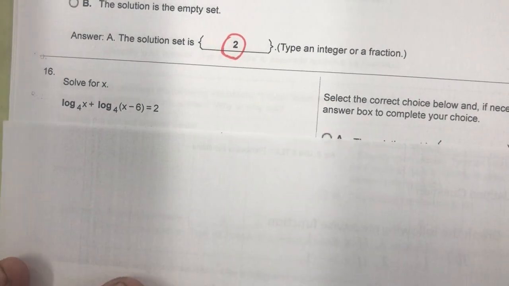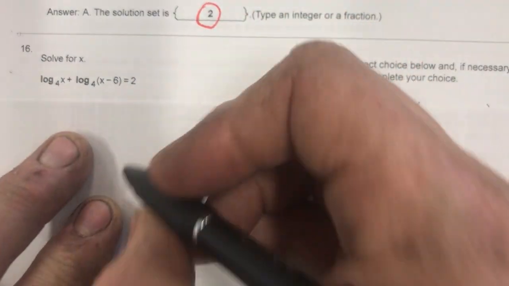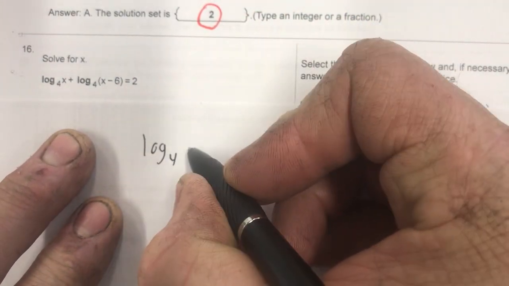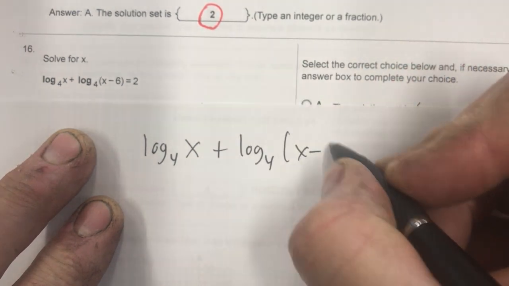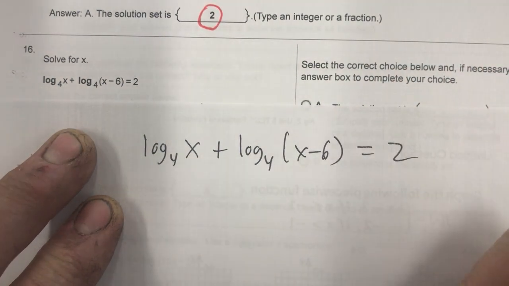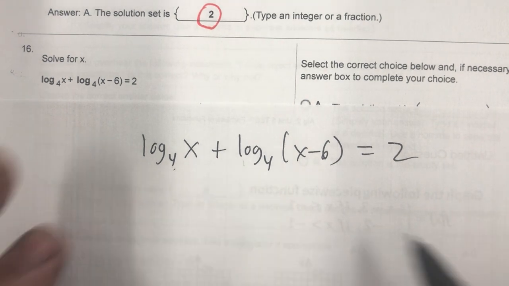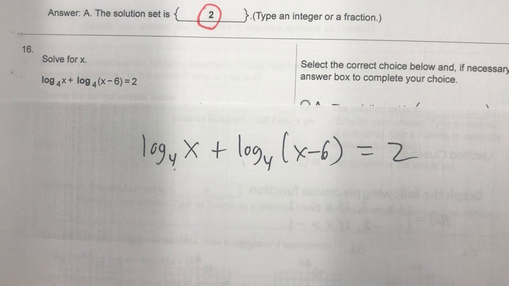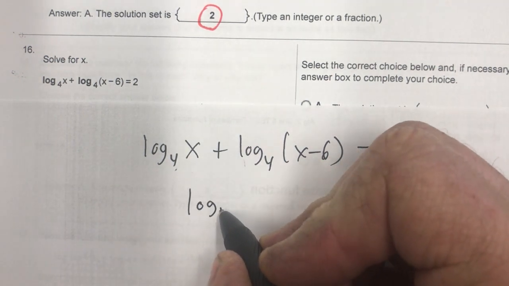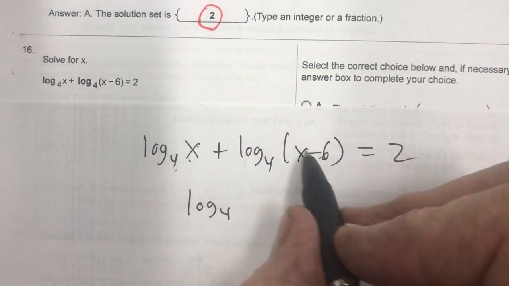All right, let's keep this paper here for this one. Solve this one. So I got log base 4 of x plus log base 4 of x minus 6 equals 2. All right, I got 2 logs, so I need to condense those together. We had a question about this a while ago about what would be the first thing you would do. So I'm going to combine those into 1 log, which means I need to multiply these two.